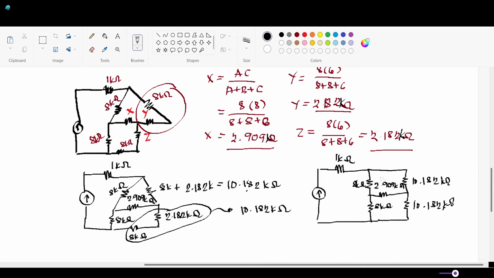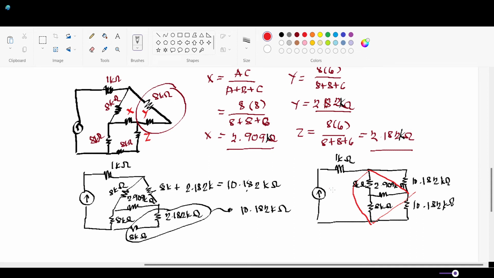Alright, so after this, let's use the Y to delta transformation. We will transform this delta connection into this Y connection. This one, and this one.